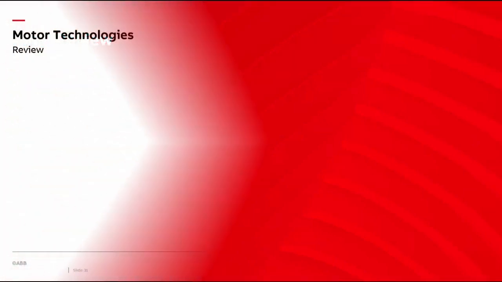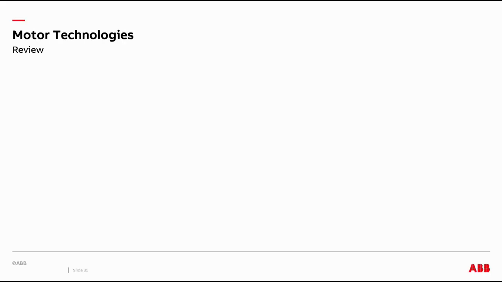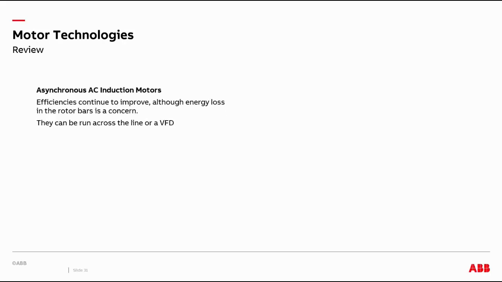So now let's do a final review of the motor technologies that we talked about. This list will provide a summary of each type of motor. With AC induction motors, the efficiencies continue to improve, although energy loss in the rotor bar is a concern. They can run across the line or on a VFD.